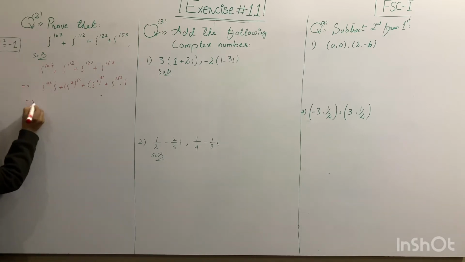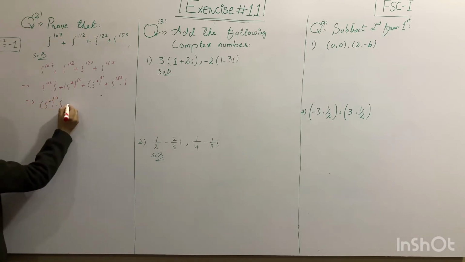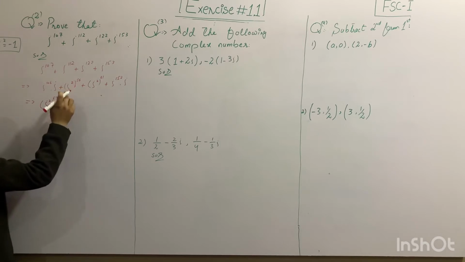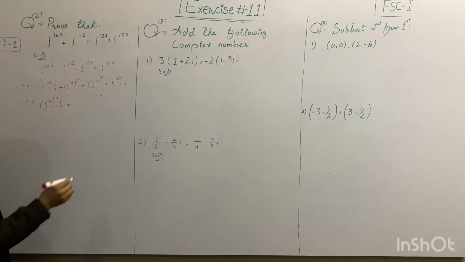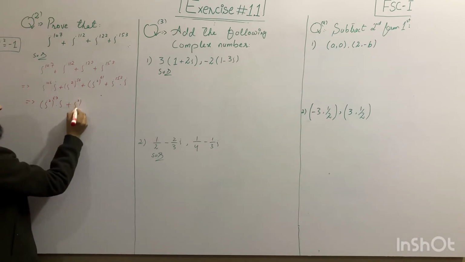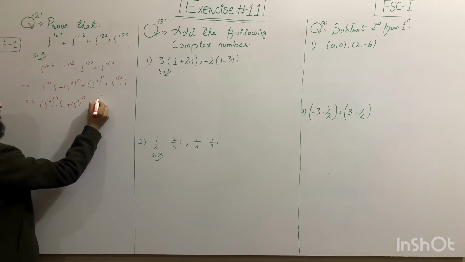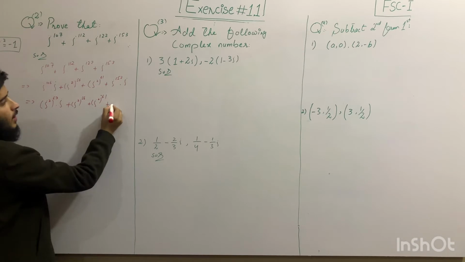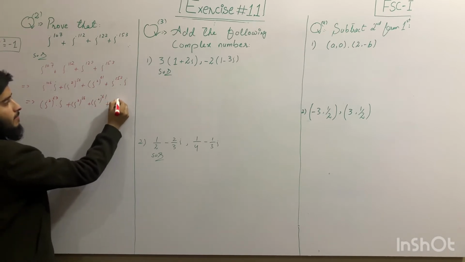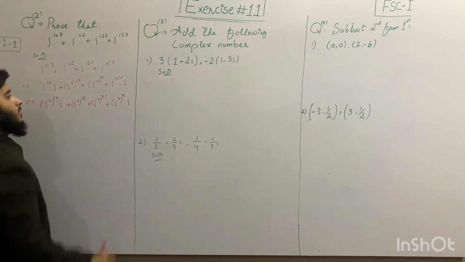Now I can write this as iota square into 53 dot iota plus iota square 56 plus iota square 61 plus iota square into 76 dot iota, right?